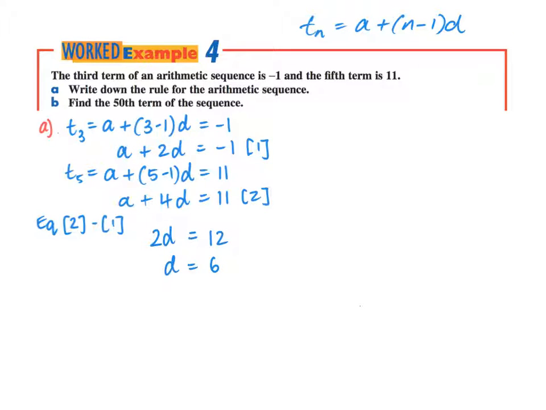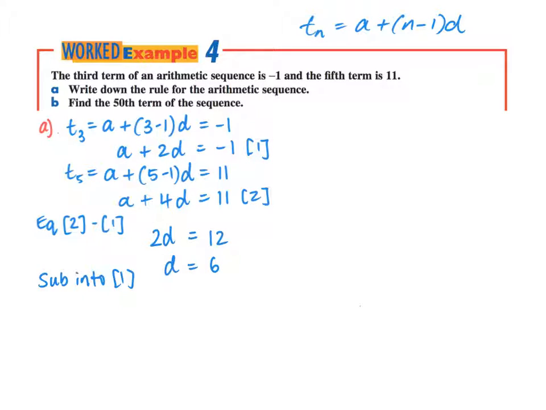Now that we have one unknown value, we can go ahead and substitute it into one of our two main equations in order to find our other unknown. I'm going to substitute this into equation 1.